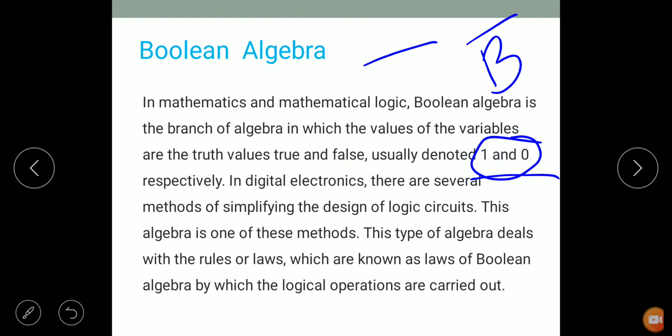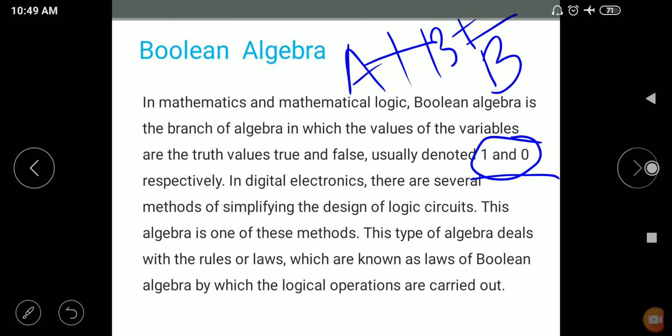Oring the variables is represented by a plus sign. For example, oring the variables A, B, C, we write A plus B plus C. This is nothing but the oring of those variables.